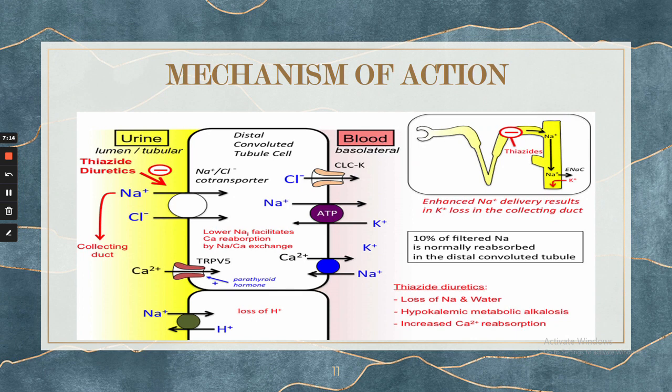So the sodium will be excreted into the urine along with potassium. When the sodium is excreted, water is also lost along with it, and hence diuresis occurs in the whole physiology.